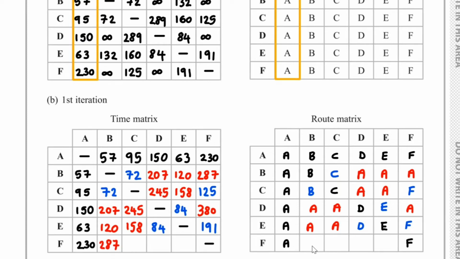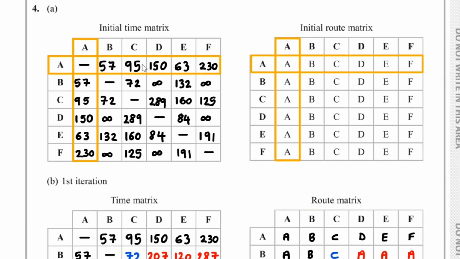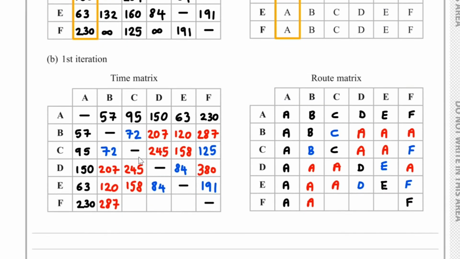So the B over here changes to an A. Now, here we compare the 125 with the sum of 95 and 230. 125 is smaller, so this remains unchanged, and the C over here will remain.